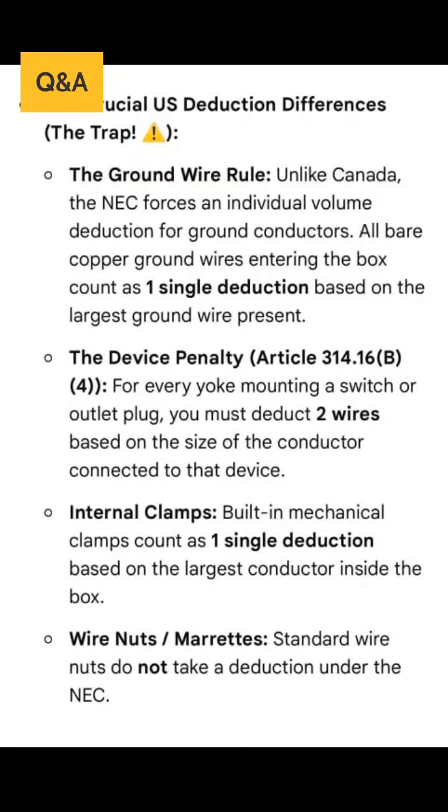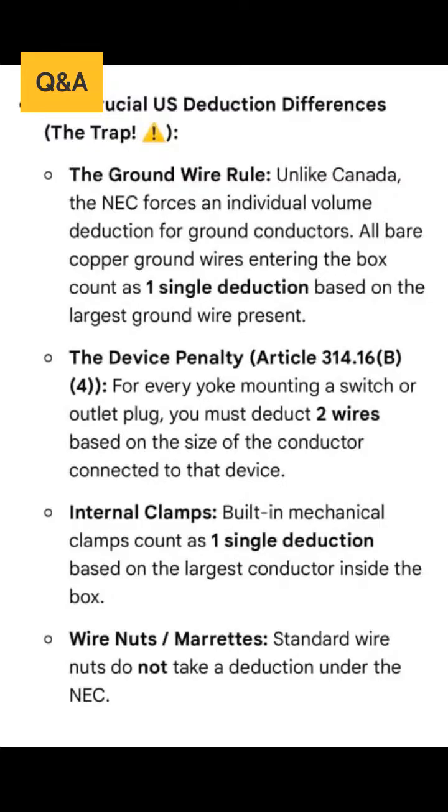And this is the crucial US deduction difference, the trap. The ground wire rule: unlike Canada, the NEC forces a volume deduction for ground conductors. All bare copper ground wires entering the box count as one single deduction based on the largest ground wire present.